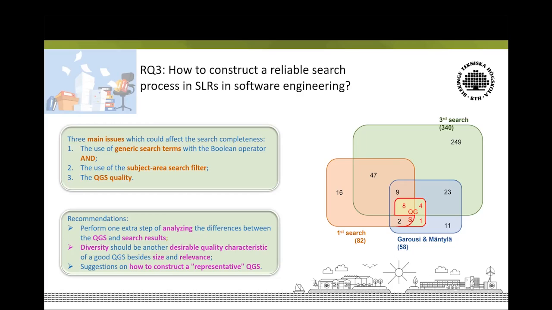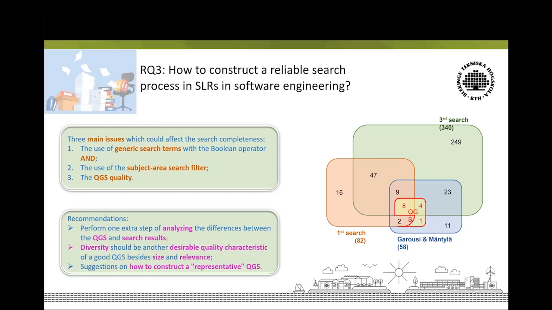And the second issue we identified is the use of the subject area search filter. What we see here is that in Scopus, you can use this filter to limit the search results to, let's say, computer science, and ignore engineering or medical fields.